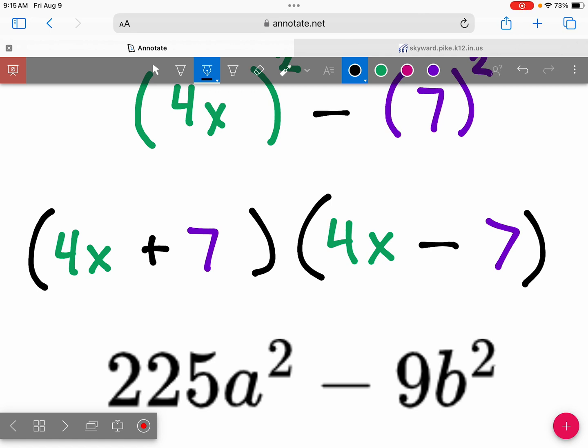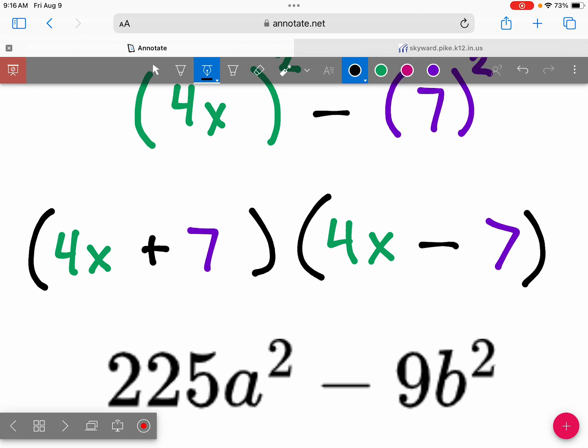Let's look at the next one. Looks a little bit gross. What do we see? It's definitely a thought, but what are we supposed to do first every time we factor? Check for a greatest common factor.